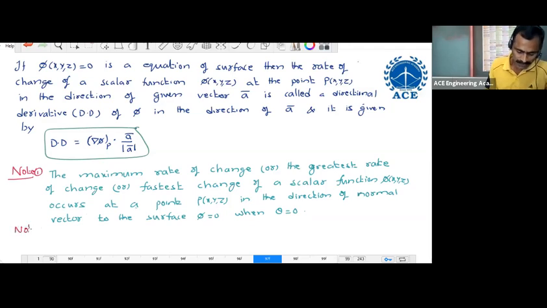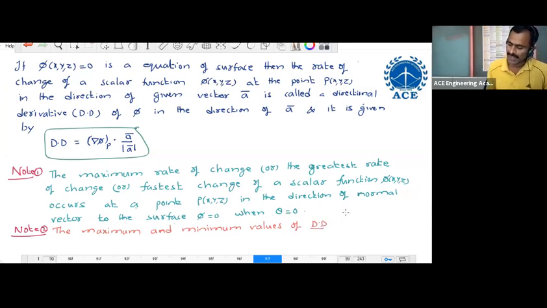Next, note point number 2. The maximum and minimum values of the directional derivative of phi of x, y, z at the point p of x, y, z are given by modulus of del phi suffix p and minus modulus of del phi suffix p.